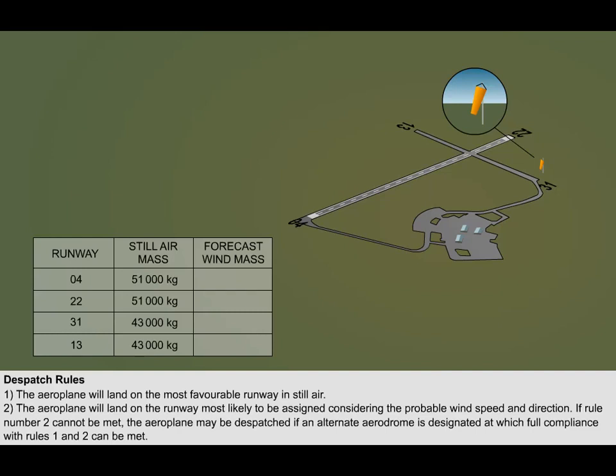In our example on screen, assuming zero wind, runway 04 and runway 22 both allow a maximum landing mass of 51,000 kilograms. But runway 31 and runway 13, being much shorter runways, allow a maximum landing mass of only 43,000 kilograms. Therefore, the most favourable runway in still air is either runway 04 or 22, which both allow a maximum landing mass of 51,000 kilograms.